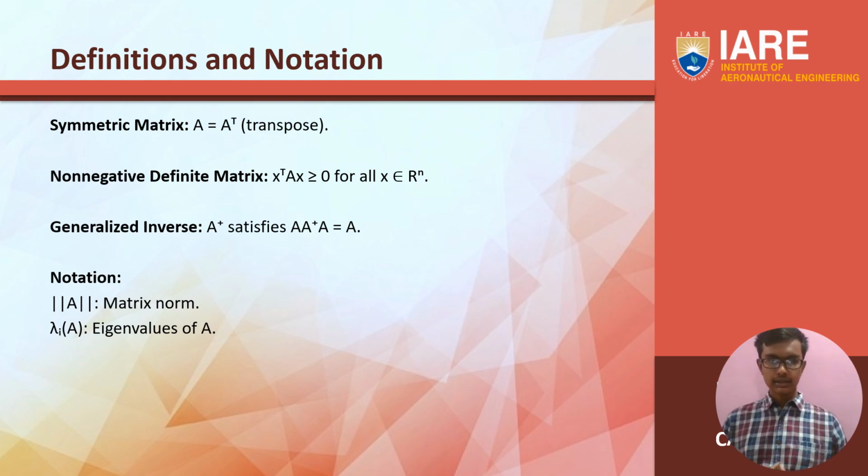A symmetric matrix, we know, is any matrix which is equal to its own transpose. That is, A is equal to A transpose.